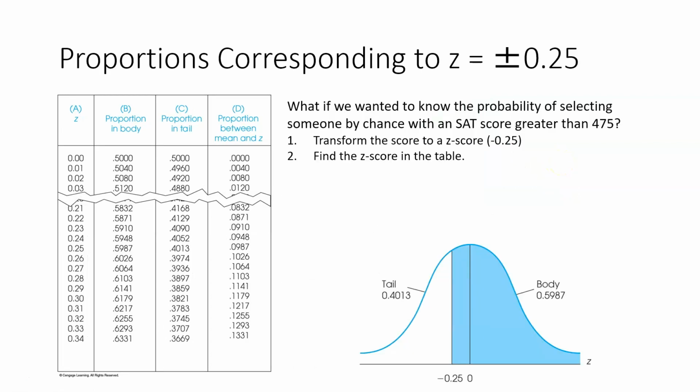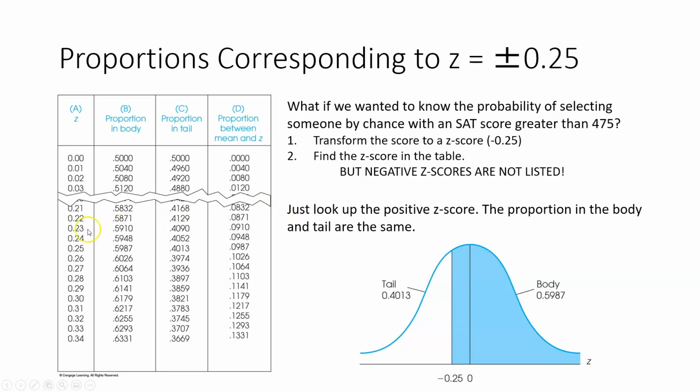What if we wanted to know the probability of selecting someone by chance with an SAT score greater than 475? The first thing we would have to do, again, is to transform that score into a Z-score. 475 minus 500 divided by the standard deviation of 100 is negative 0.25. So you go and find that Z-score in the table. But there are no negative Z-scores listed in the table. That's okay.